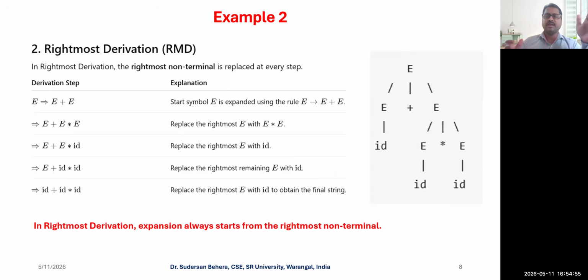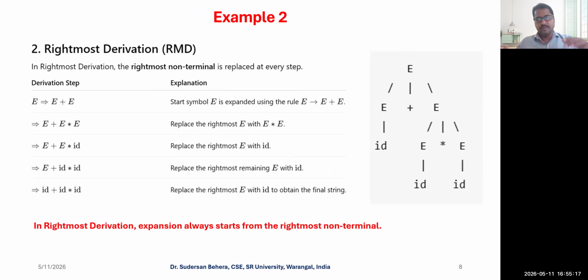If a single E is there and you traverse from left to right, you can consider it the rightmost E only. So you can replace it by ID, because your target is to replace from the right side.